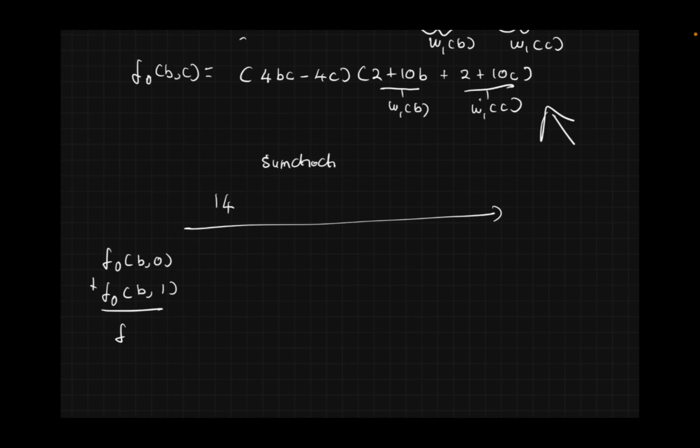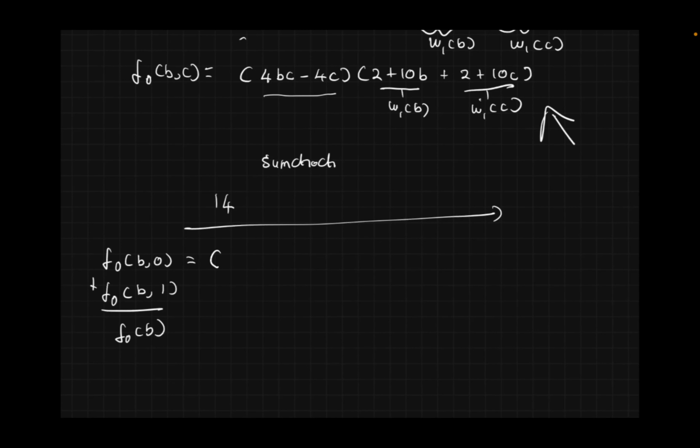Which will give us F0 of B. That will be the round poly. Cool? What is F0 of B0? Wherever there's C, we replace it with 0, right? So this entire thing is changing to 0. Does that make sense?